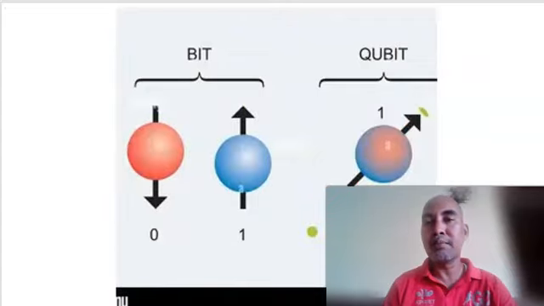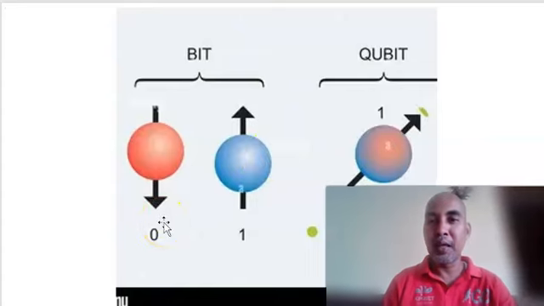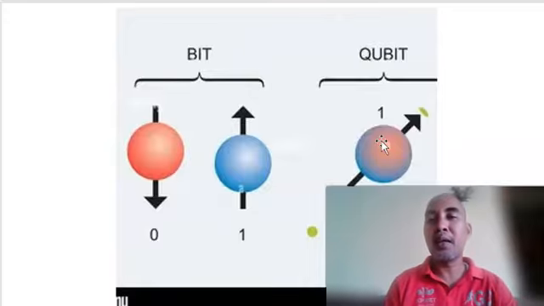And now the spin comes into play. In the conventional bit, it is down spin and up spin, plus half or minus half. That is assumed to be zeros and ones. Now in the qubit, the same thing happens, and with the inclusion of the wave function, these spin positions may vary.